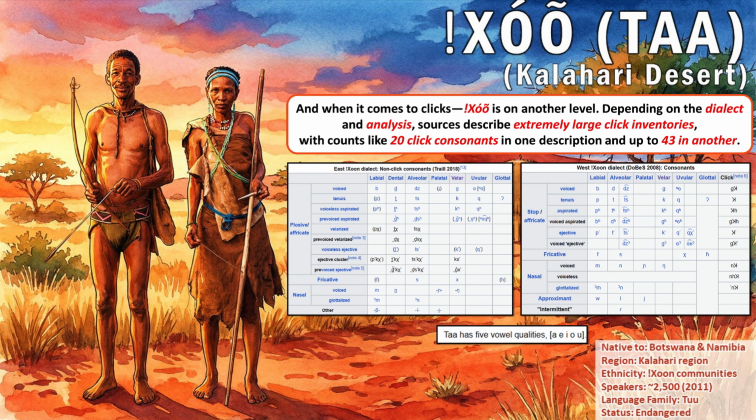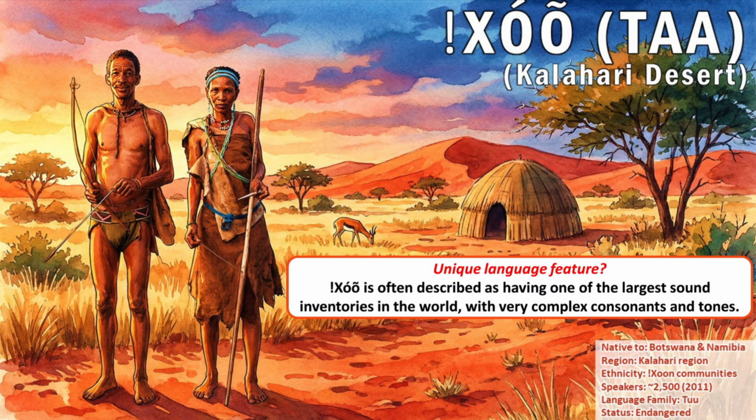And when it comes to clicks, Xóõ is on another level. Depending on the dialect and analysis, sources describe extremely large click inventories, with counts like 20 click consonants in one description and up to 43 in another. Taa is often described as one of the largest sound inventories in the world, with very complex consonants and tones.